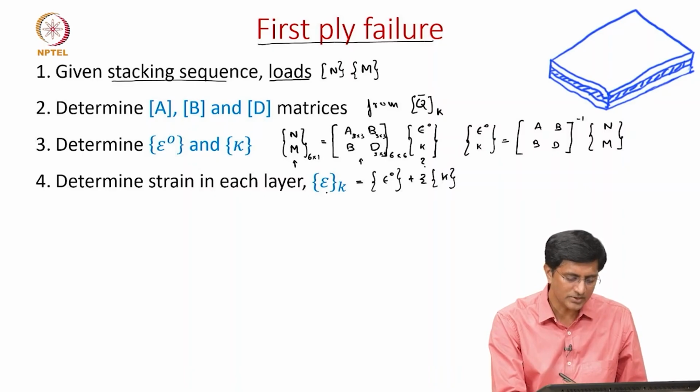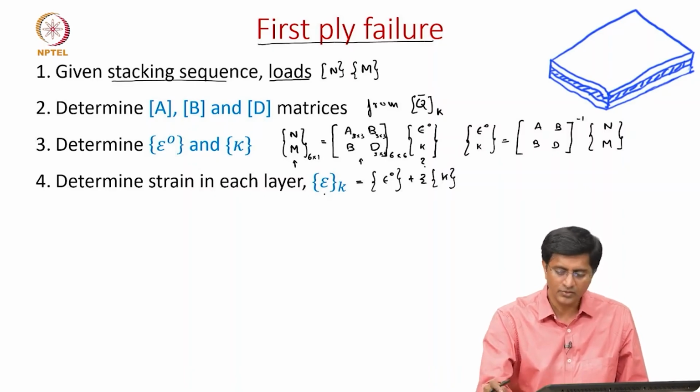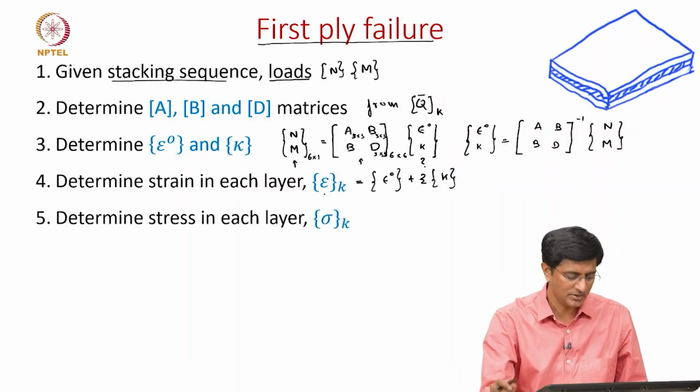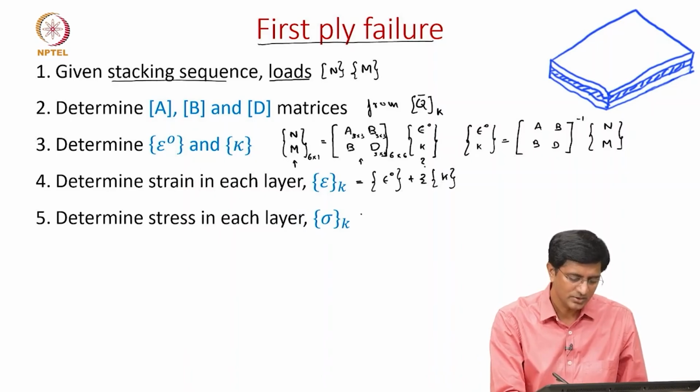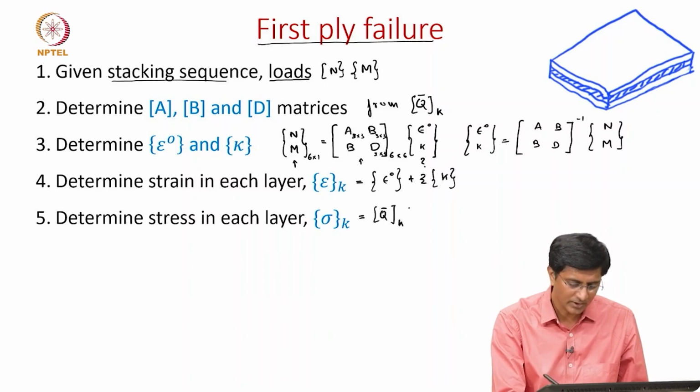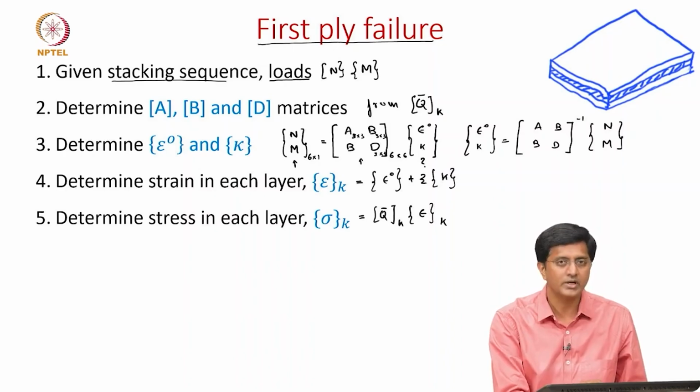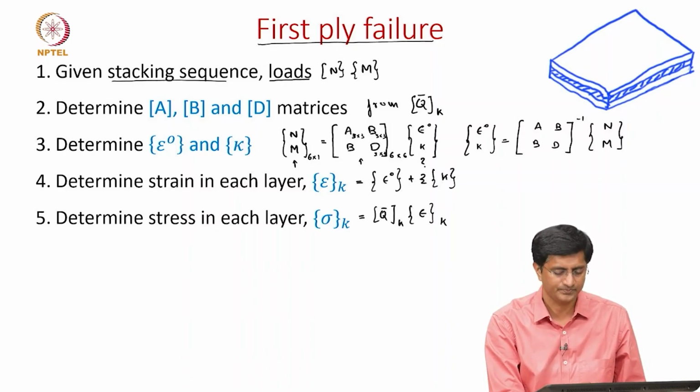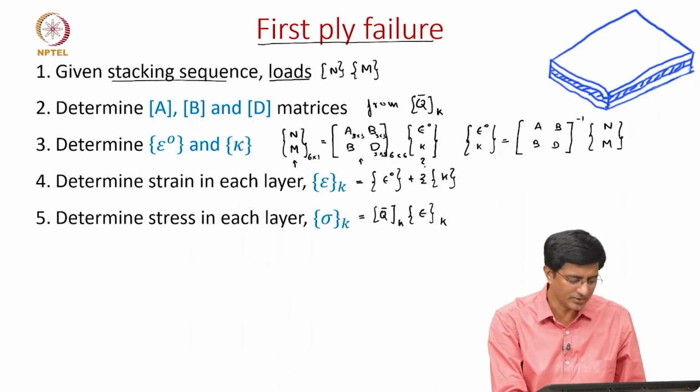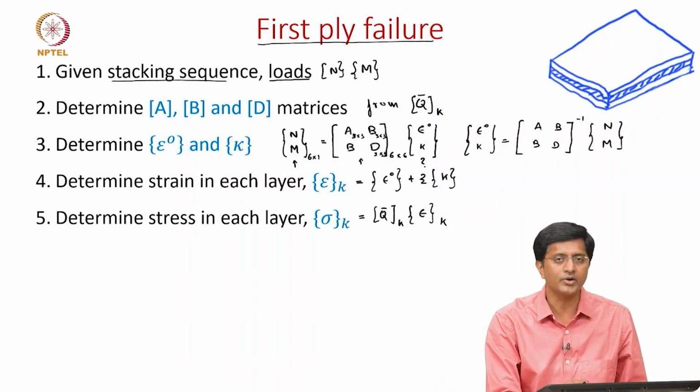So once we find the strains in each layer, we should be able to find the stresses in each layer. How do we find the stresses? For this, we use the transformed stiffness matrix of the kth layer times the strains. We do this for every layer in the laminate. Once we find the stresses, let's observe them: are they in the body coordinates or the material coordinates?